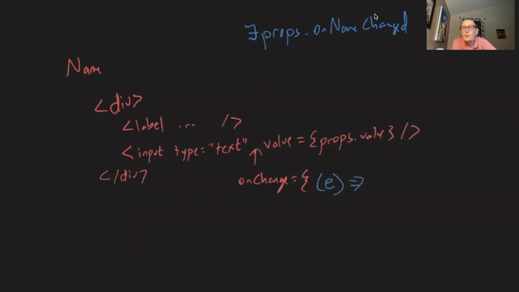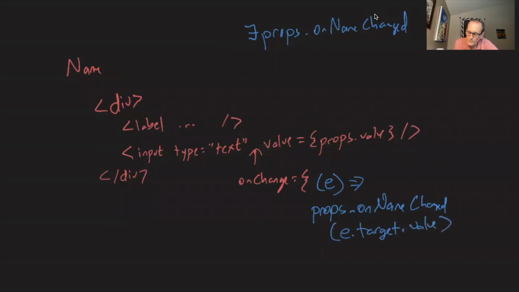And we know that the target's value contains the new updated name. So we can then call props.onNameChanged and then pass in e.target.value.